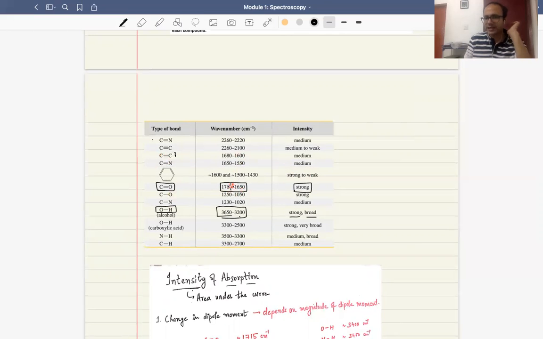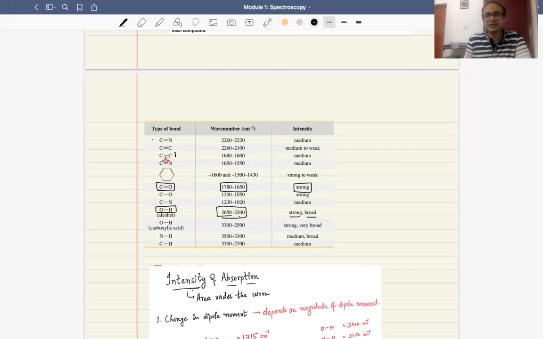So if the peaks of the C=C bond and the C=O bond come, often there is a chance that they overlap with each other, or they might appear close to each other. Then how do we distinguish whether a peak corresponds to C=O or to C=C?